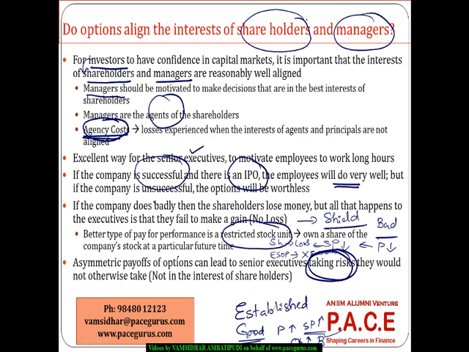Rather than an option to buy it, it is given, one unit of a share is given to the employee at a future date. So it means even the losses are taken care of by the employee itself. So sometimes it is said that restricted stock unit is much more aligning the interests of the shareholders and the managers compared to the issue of a stock option.